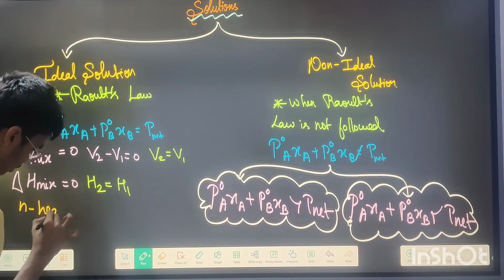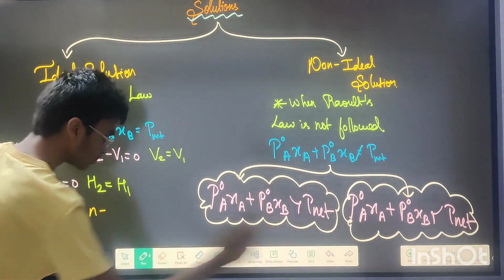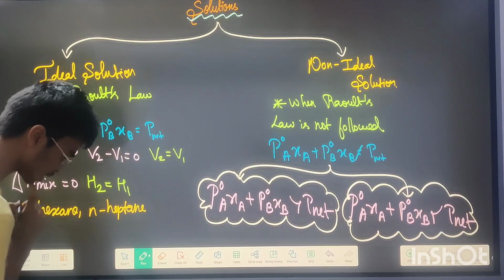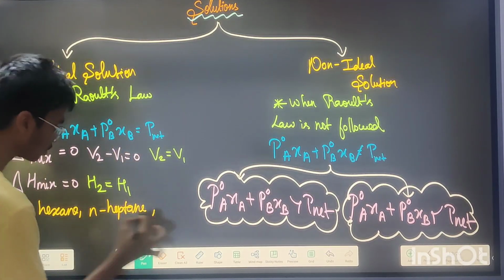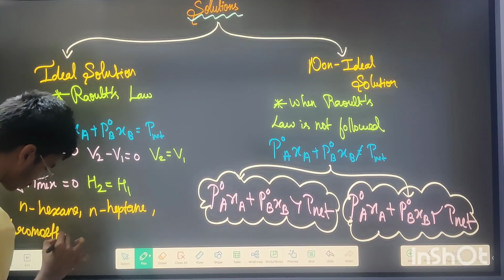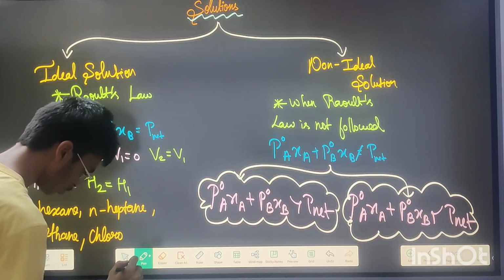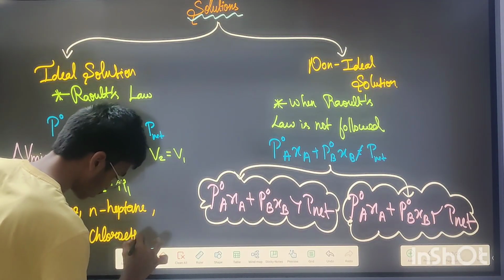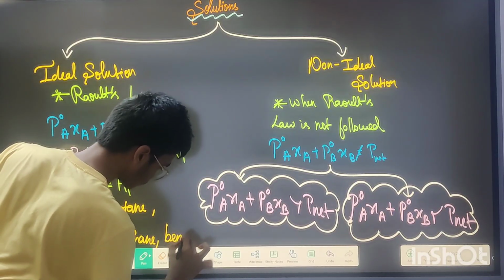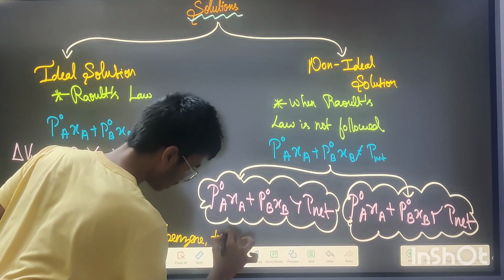N-hexane is there, then N-heptane is also there, then bromoethane is there, then chloroethane is there, then benzene is there, then toluene is there.